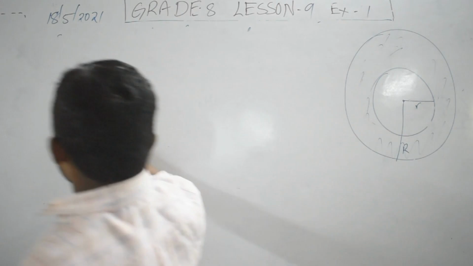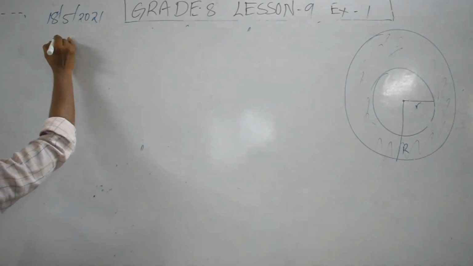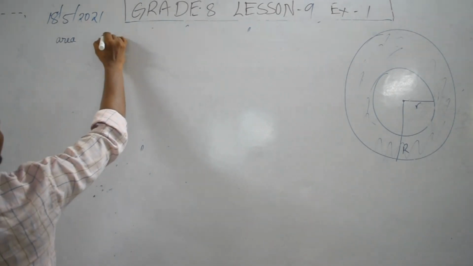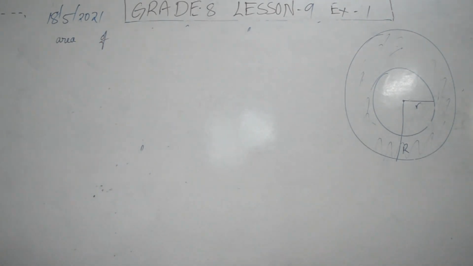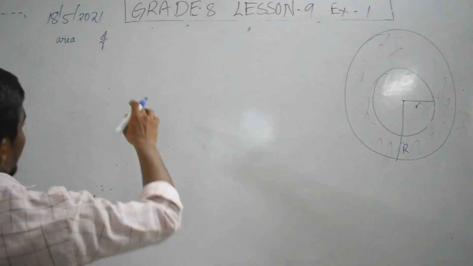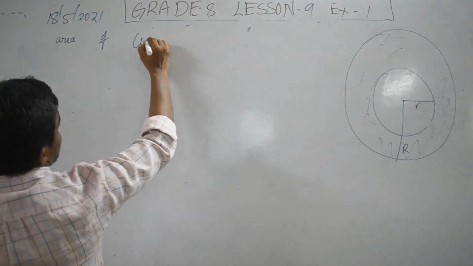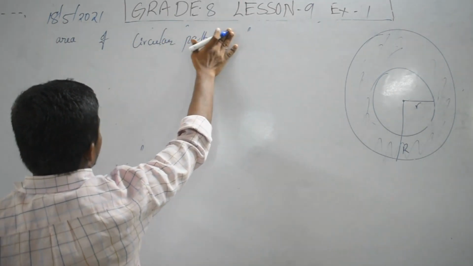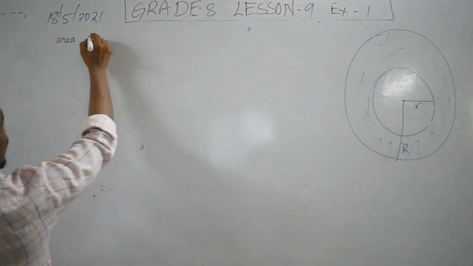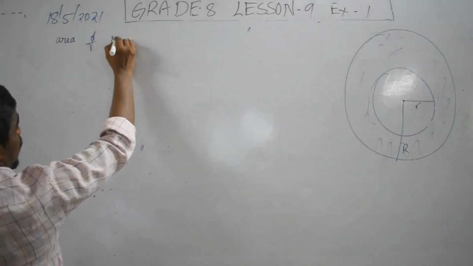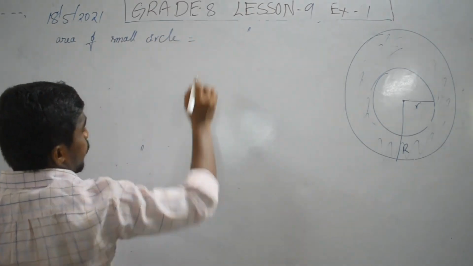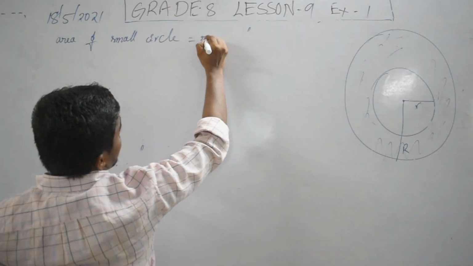Now see, area of the circular path. Area of the small circle is pi r square.